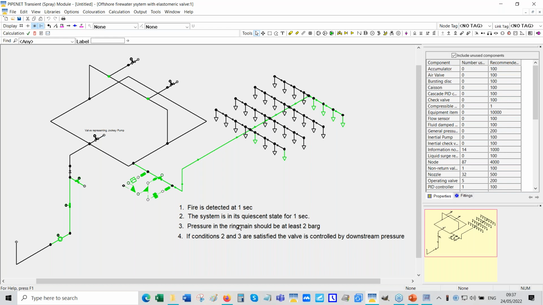And if these two conditions are satisfied, in other words, it's 1 second into the simulation and the upstream pressure is at least 2 bar gauge, then the deluge valve will regulate or control the pressure downstream.